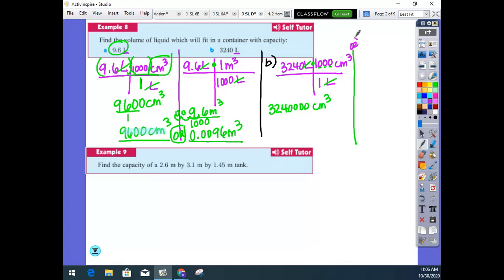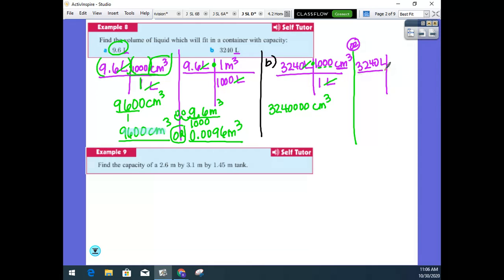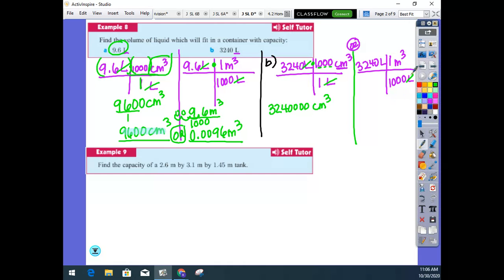Or instead of cubic centimeters, I can multiply by 1 cubic meter over 1,000 liters. My liters cancel.